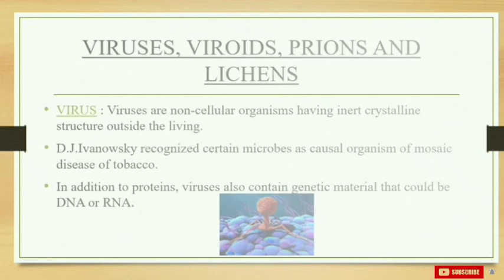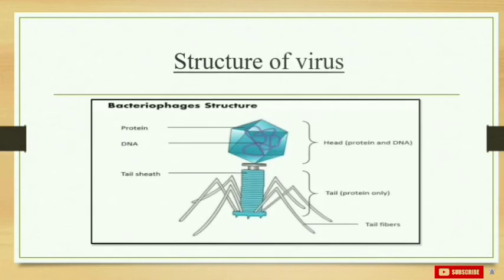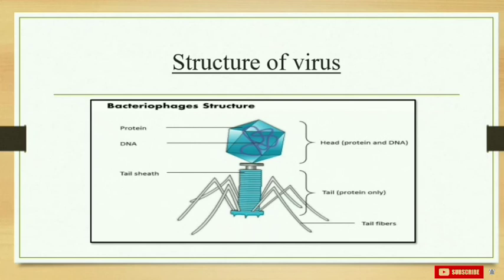Now, further talking about the structure of viruses. The picture on your screen is of a bacteriophage, a bacterial virus, that is, a virus that can affect bacteria. It is a nucleoprotein made up of a protein coat called the capsid, the head region which you can see.